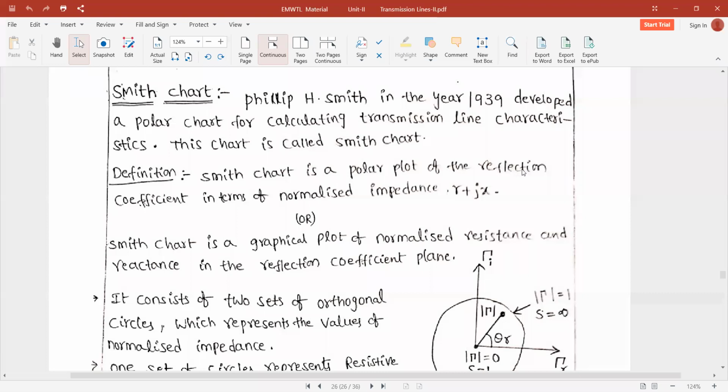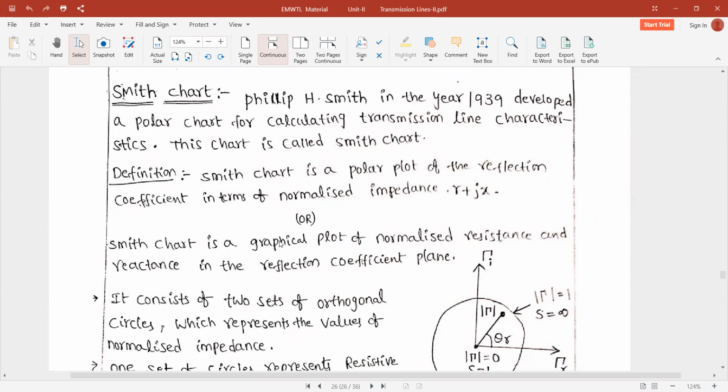The Smith chart is a polar plot of reflection coefficient in terms of normalized impedance R plus jX.